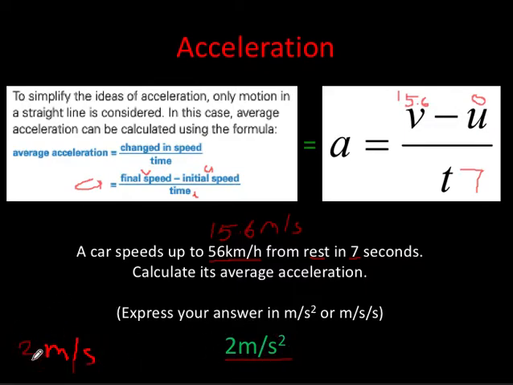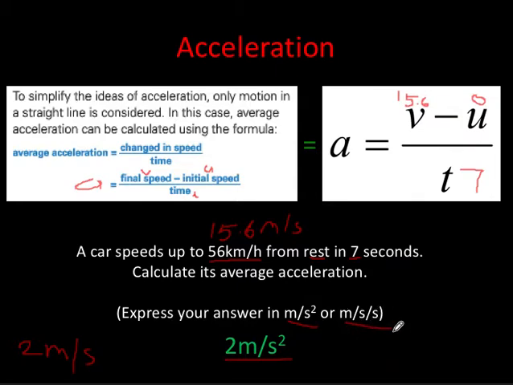This is purely just constant speed, and this one is telling you the car is getting faster by 2 meters per second every second. So this one is an acceleration. And we show acceleration by writing as meters per second squared or meters per second per second.